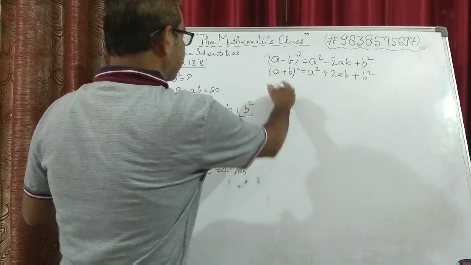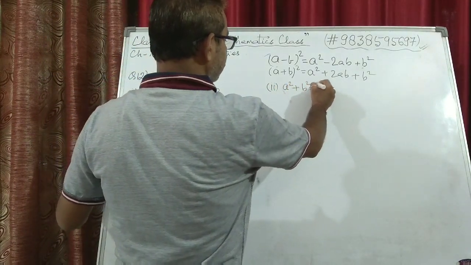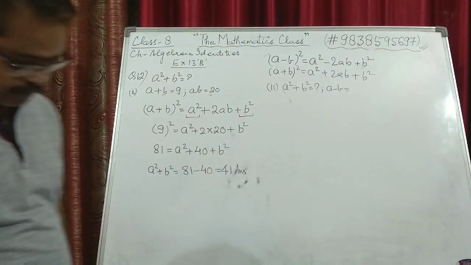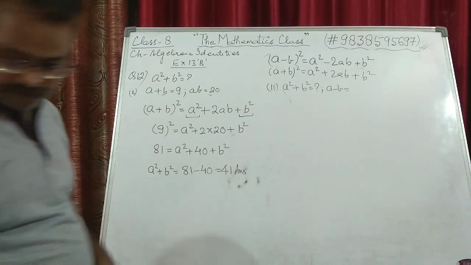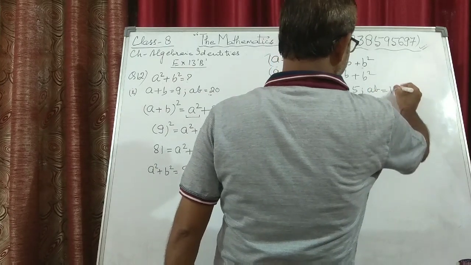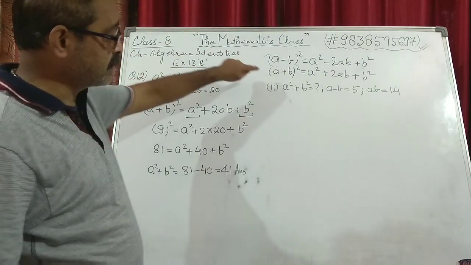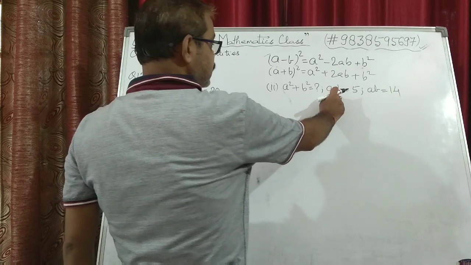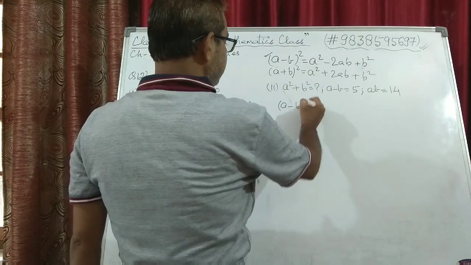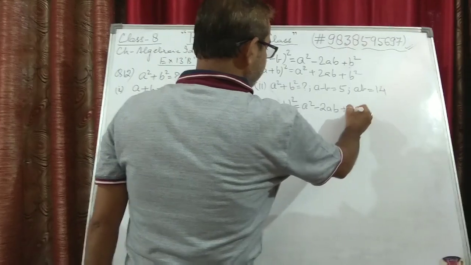Now I move on to the second part. In this also you have to find a square plus b square, but now a minus b is given as 5 and ab is given as 14. In this also we will use the same identity, but since a minus b is given, we will use this identity. We know that (a minus b) whole square is equal to a square minus 2ab plus b square.